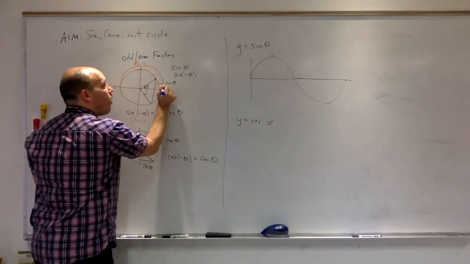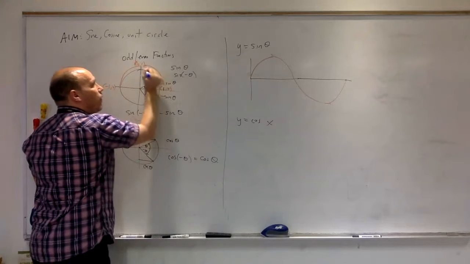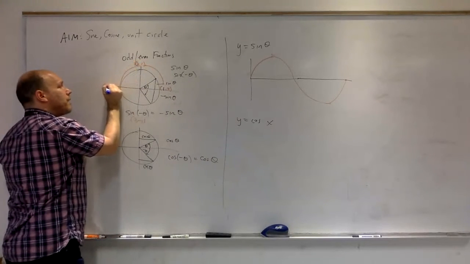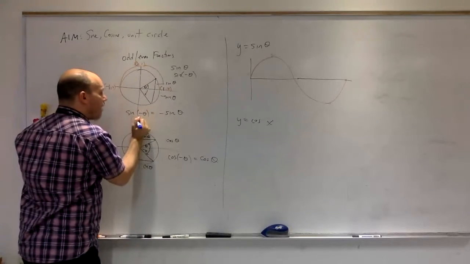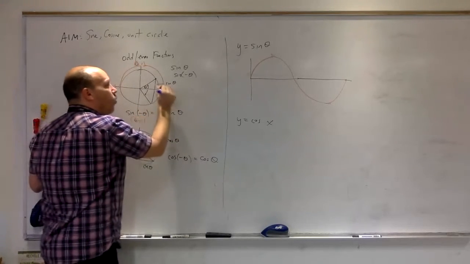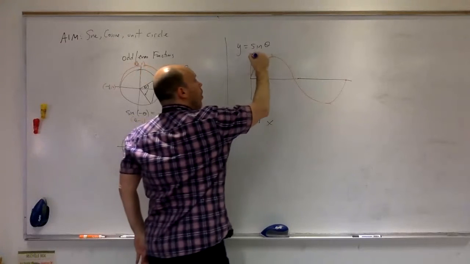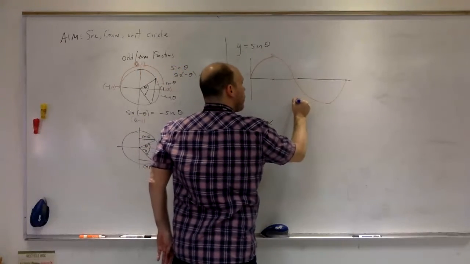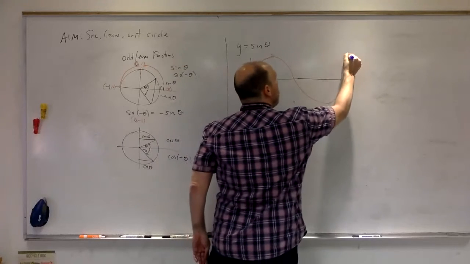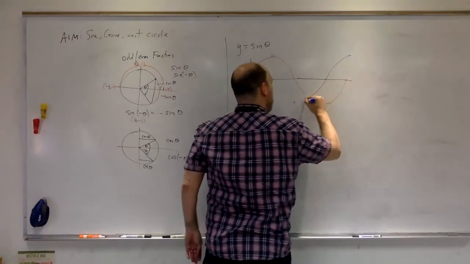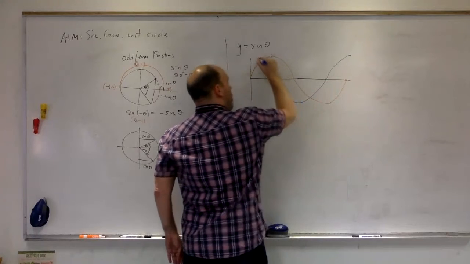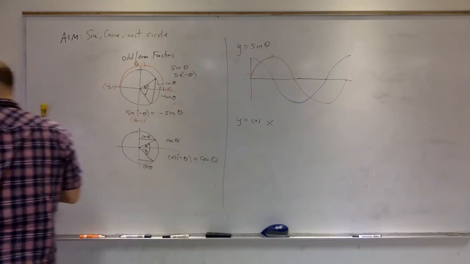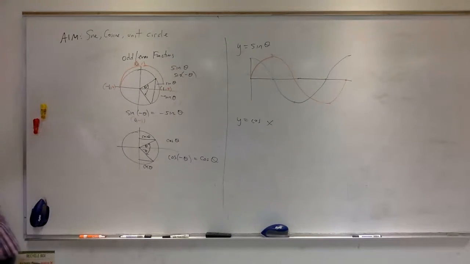So we're starting at 1 away, and then we're moving closer, and then we're moving away from the y-axis, and then we're moving back to the y-axis, and then back 1 away. So we go 1, 0, negative 1, 0, 1.